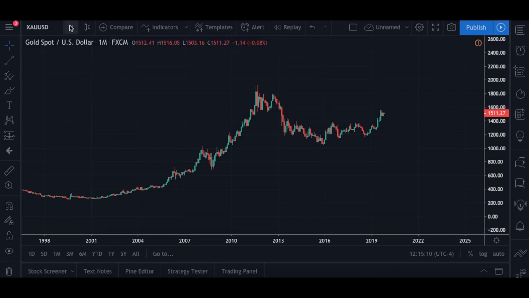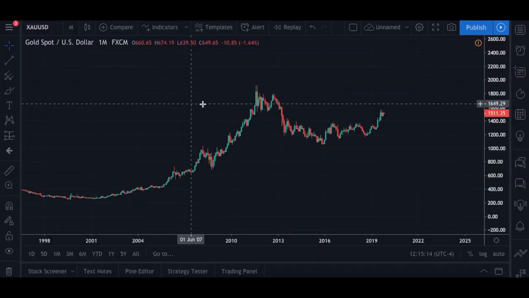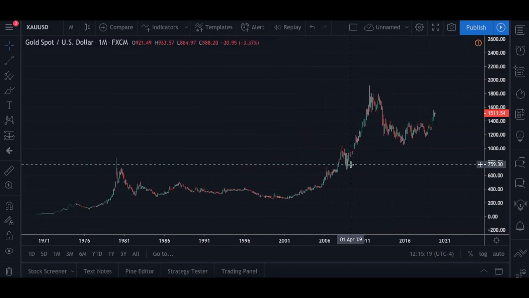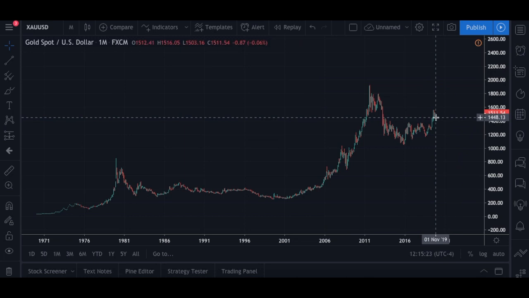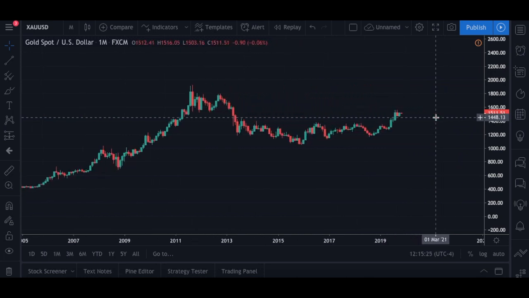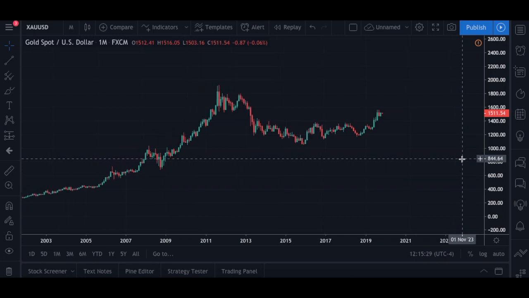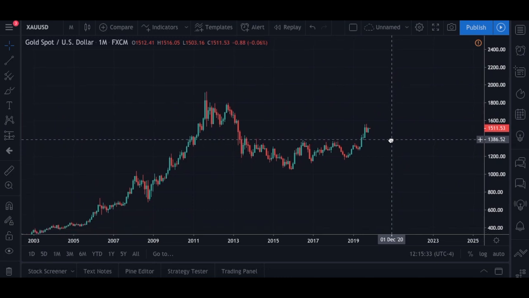So that's why right now I'm starting on the monthly time frame. This is just a very big overview of gold, where it started back in the 70s up until today, November 1st of 2019. Happy second last month of the year. We are almost in 2020, so that's kind of crazy.